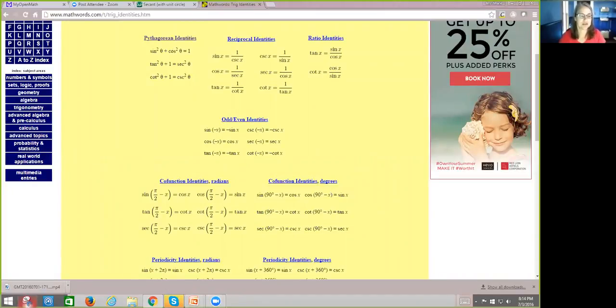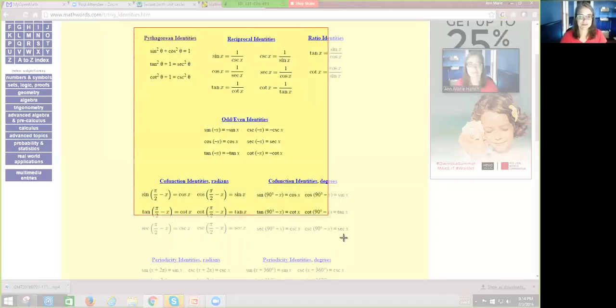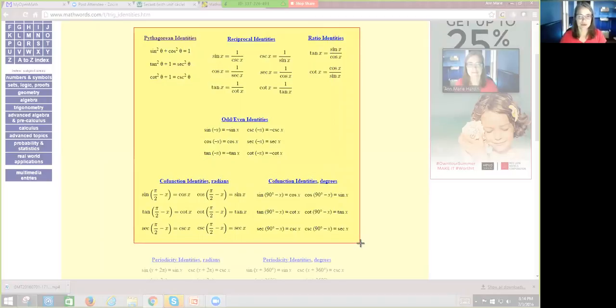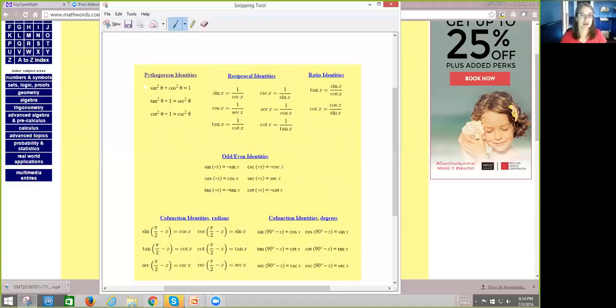So let me do this. The things that at this point in this class you need to know. You need to know this identity right here. You need to know all of these definitions. You need to know this definition. These are all things you need to have memorized.